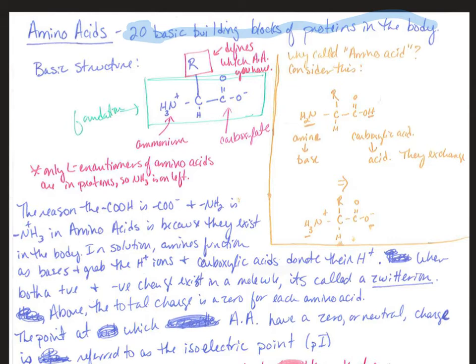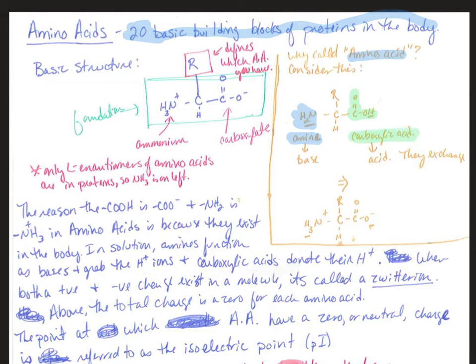Let's talk about why it is that this is called an amino acid. Well, on one side of the structure, we have an amine. And that amine is simply right here. We've got an N right there. And on the other side of the structure, we have, you guessed it, a carboxylic acid.